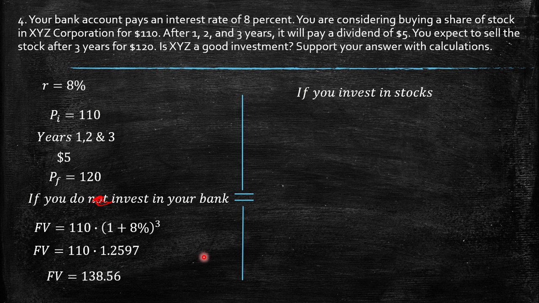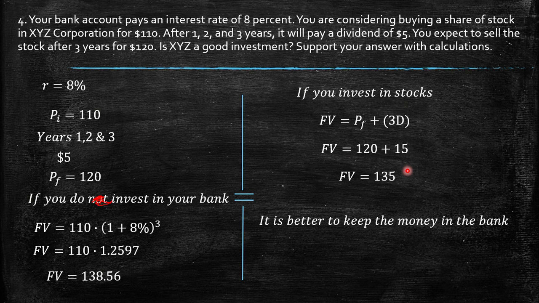What about if you invest in stocks? You have the final value 120 plus 3 times the dividend, which should be 5. And then you have 120 plus 15, then you have 135. In this case, naturally, it's better to keep the money in the bank.